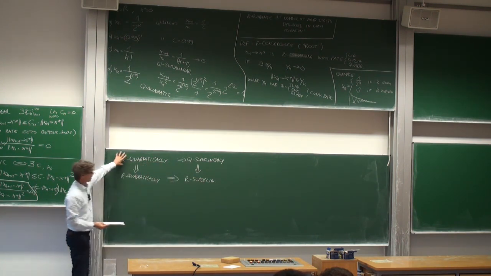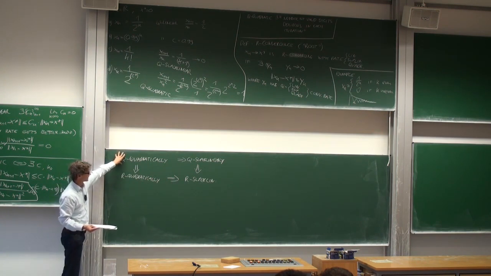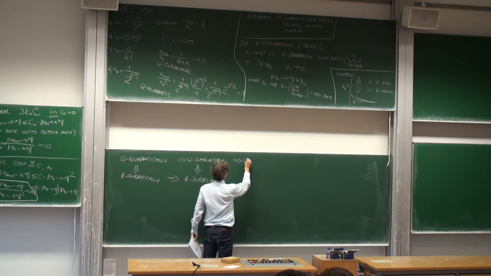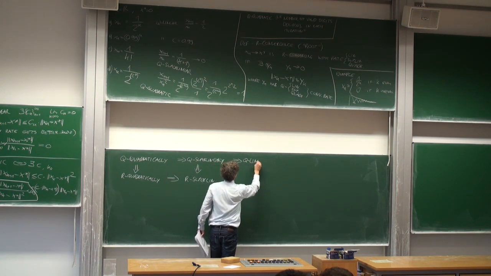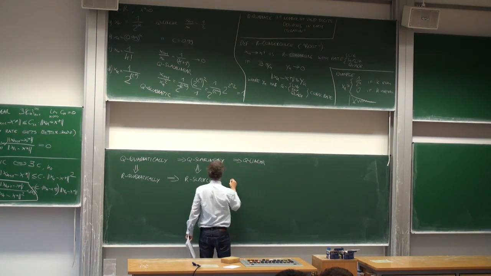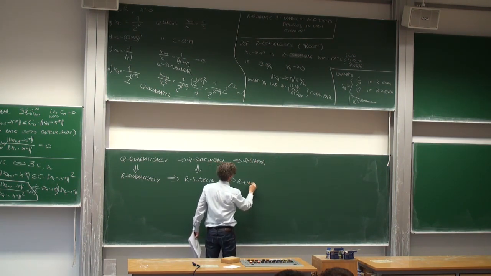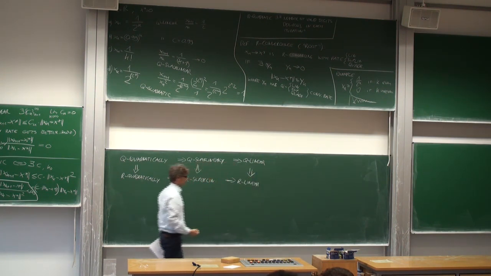So the queen of all these convergence rates is Q quadratic, and then it goes on with linear, because Q linear is something you can have as well, and you can have R linear, that's what this example was, and that is also implied by Q linear.